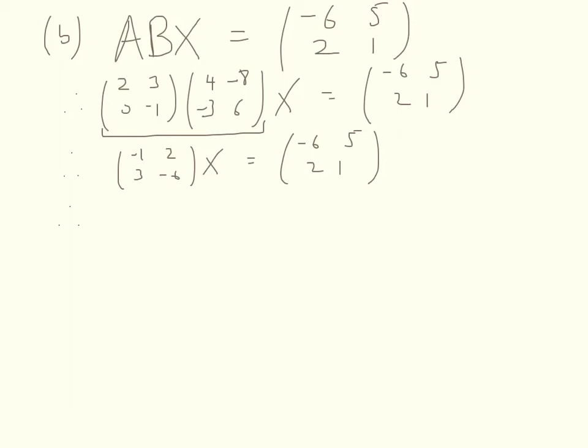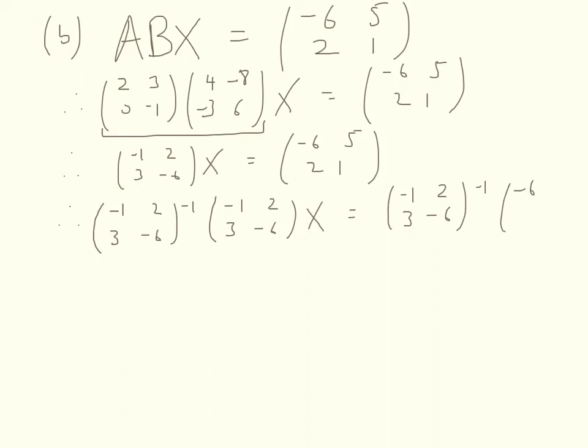And then remember that step, to get X as the subject of the formula, we need to remove that 2 by 2 matrix, and do that by pre-multiplying by its inverse. We're being very, very careful to do exactly the same on both sides, pre-multiplying on both sides by the same inverse matrix.